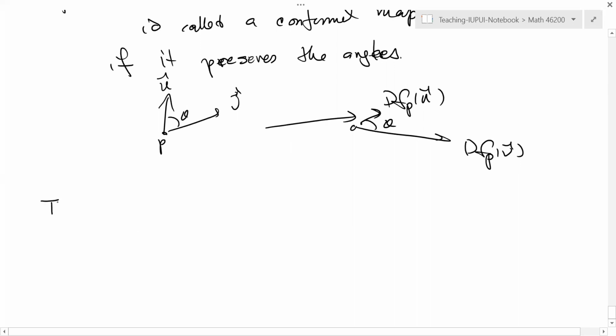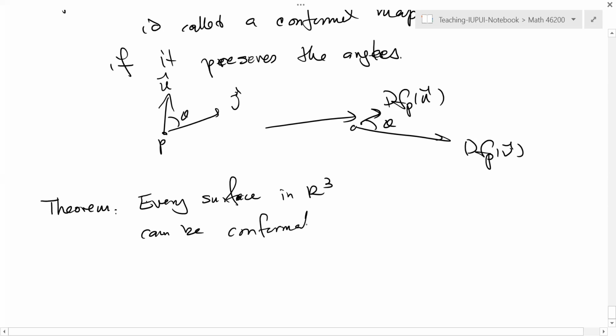The theorem says that every surface in R3 can be conformally diffeomorphic to a surface in R2.